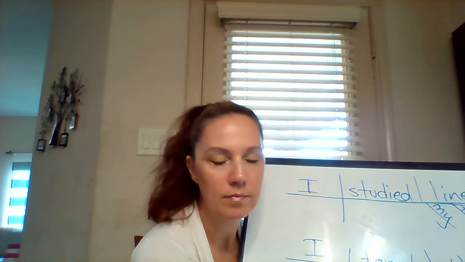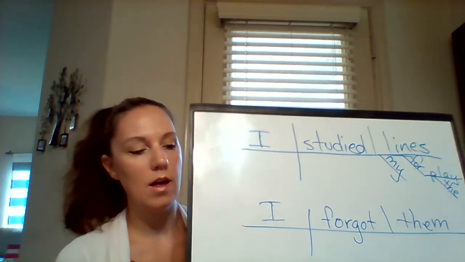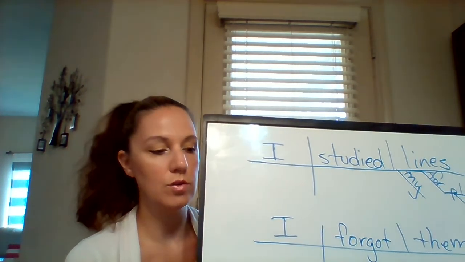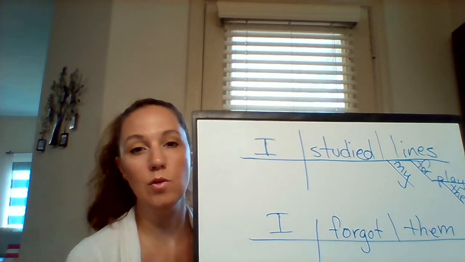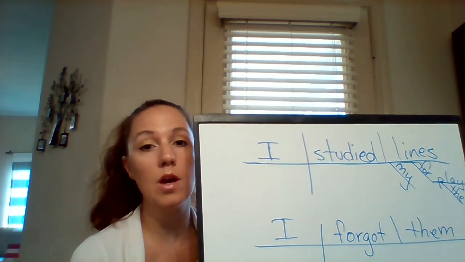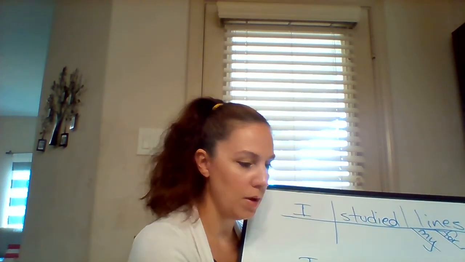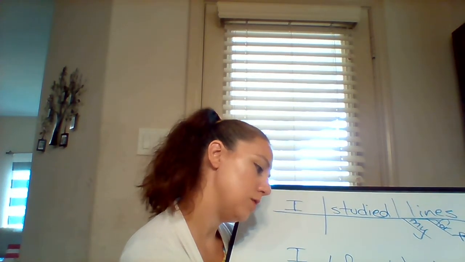Now, all we have left is a prepositional phrase. I forgot them, but I forgot them during rehearsal. During rehearsal describes when you forgot them. So this is describing forgot. Okay. So my preposition is during, and my object is rehearsal.